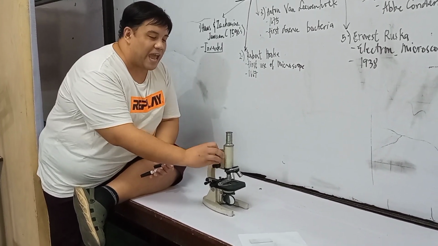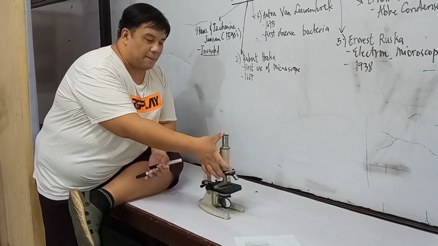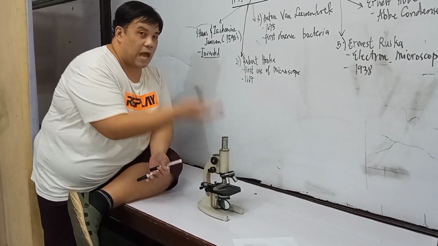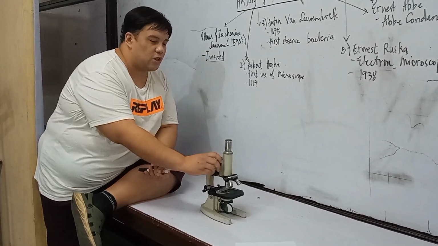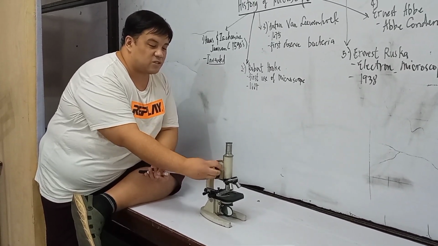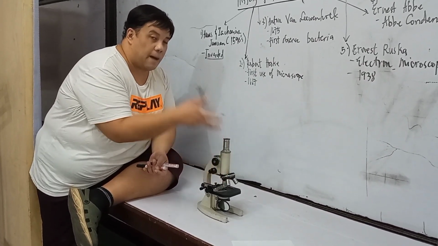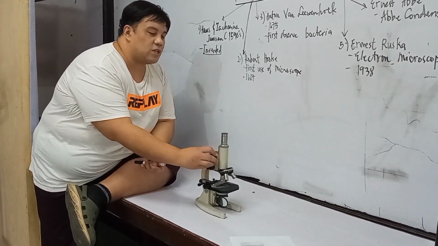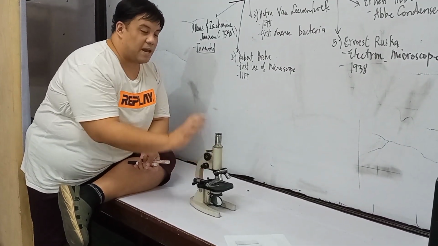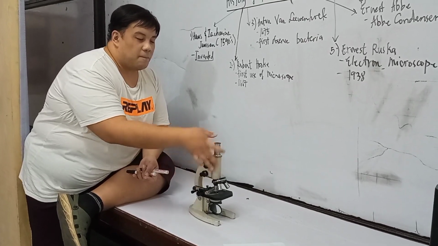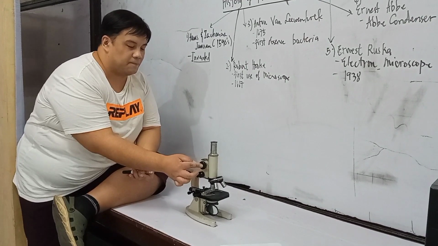When you roll it against you, papunta sa'yo, the body tube and the eyepiece goes up. When you roll it not against you, palayo, bababa naman siya.